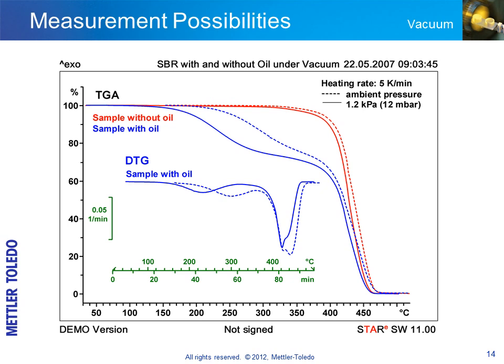In contrast, when SBR with oil is measured under vacuum, the vaporization of the oil and decomposition of the elastomer are almost completely separated. Here again, the steps are more clearly separated in the DTG curve. At ambient pressure, the two peaks overlap, whereas under vacuum, the peaks are well separated.